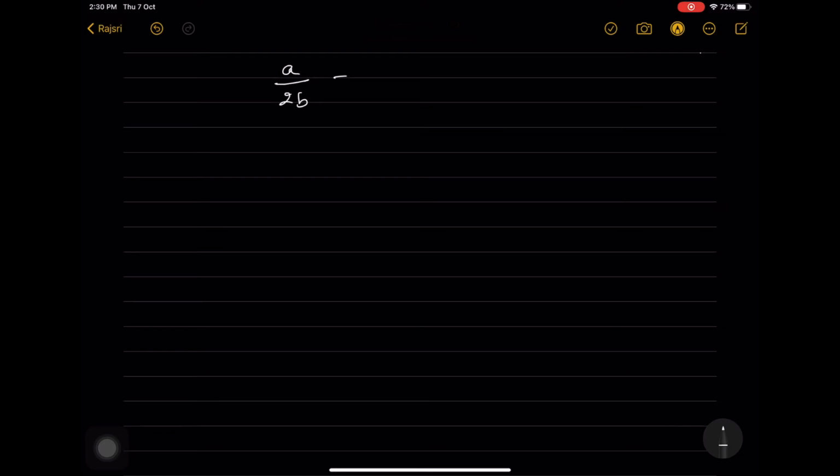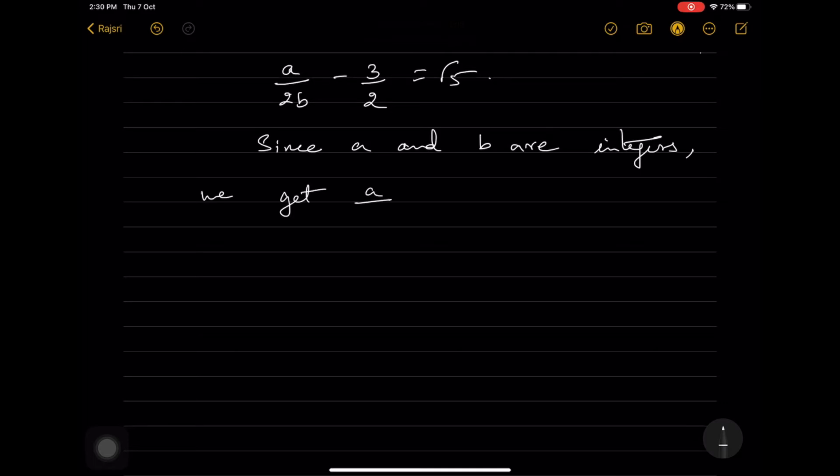So we have a minus 3b by b is equal to 2 root 5, which implies a by 2b minus 3 by 2 is equal to root 5. Since a and b are integers, we have a by 2b minus 3 by 2 is rational, and so root 5 is rational.